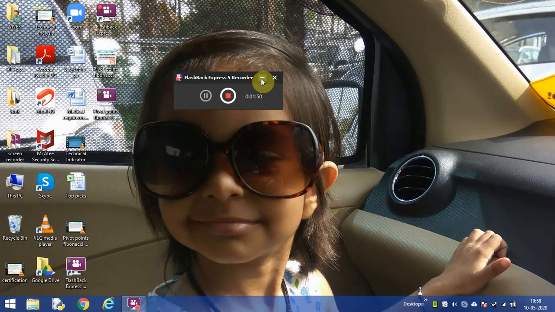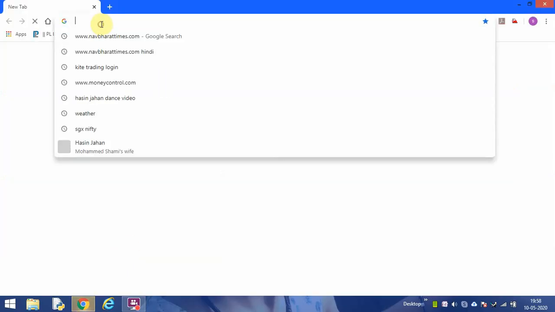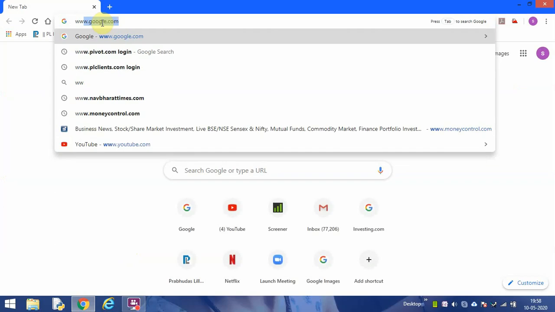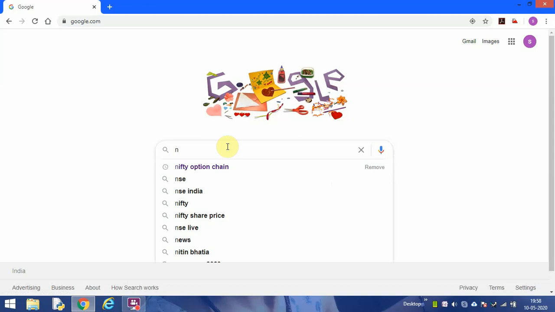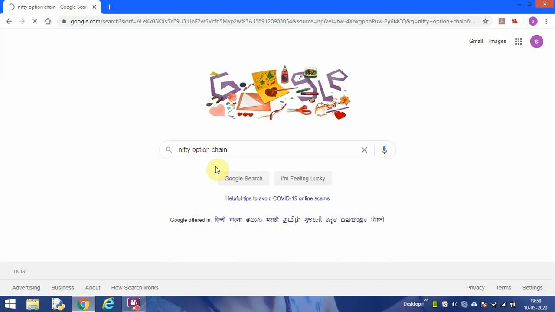So let's start with the option chain. I am going to Google. Just go to Google and follow what I am telling you. If you are aware, then it's fine. Go and type Nifty option chain.